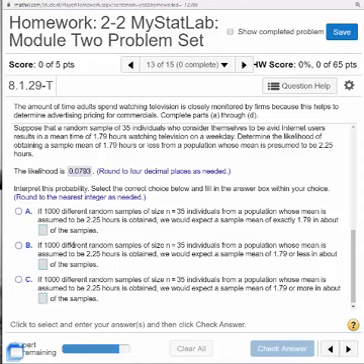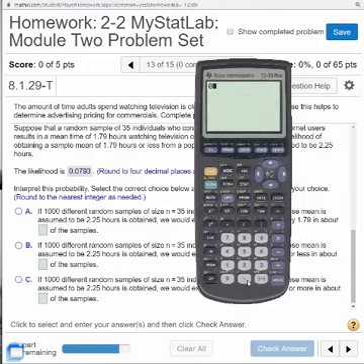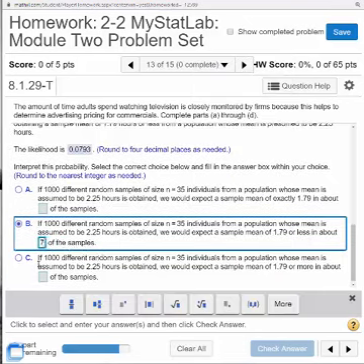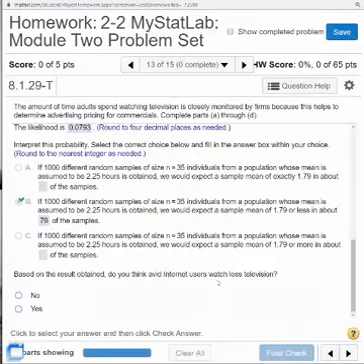But now, if 1,000 different random samples of size n equals 35 individuals are obtained from populations whose mean is assumed to be 2.25 hours, we would expect a sample mean of 1.79 or less in about, take the probability you just got and multiply it by 1,000, about 79 of those samples. And there we go. We got it.